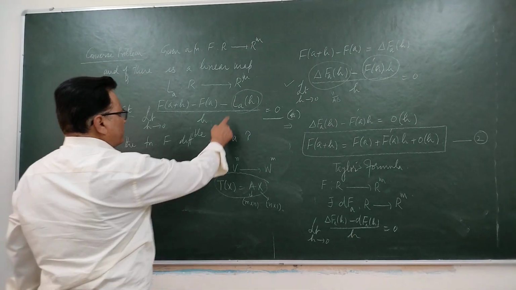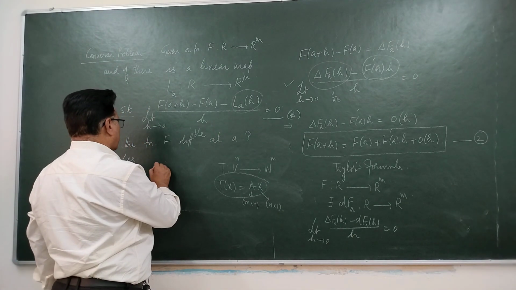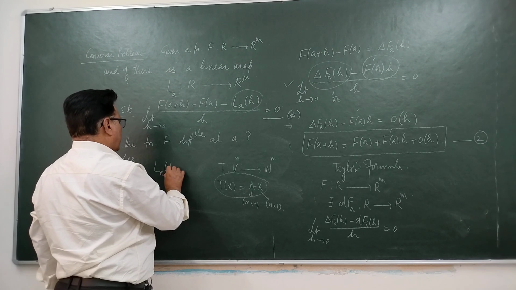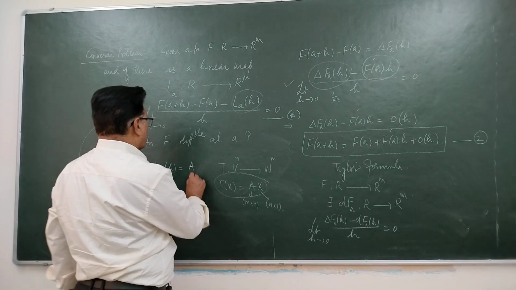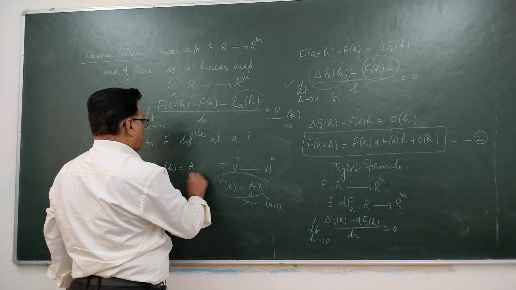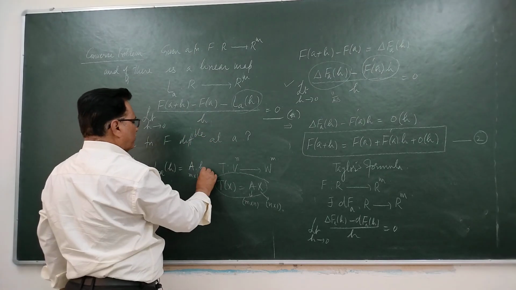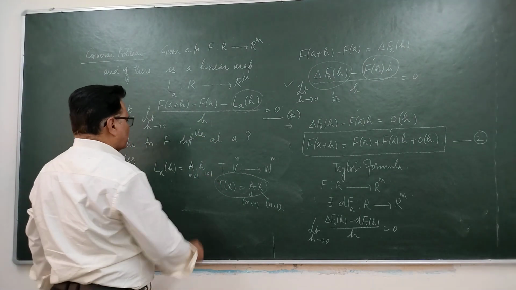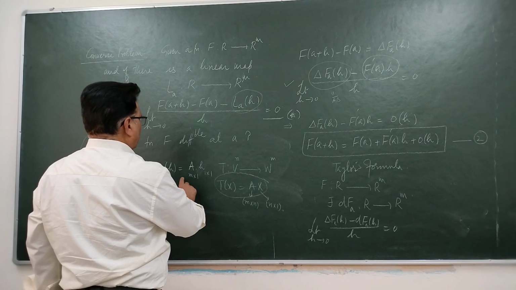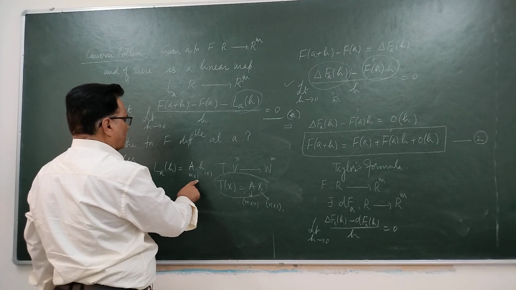So in this case, LA is a linear map, so LA(h) must be written as some m by 1 matrix into h, which is a 1 by 1 matrix. So I will write this as m by 1, meaning m rows and 1 column.